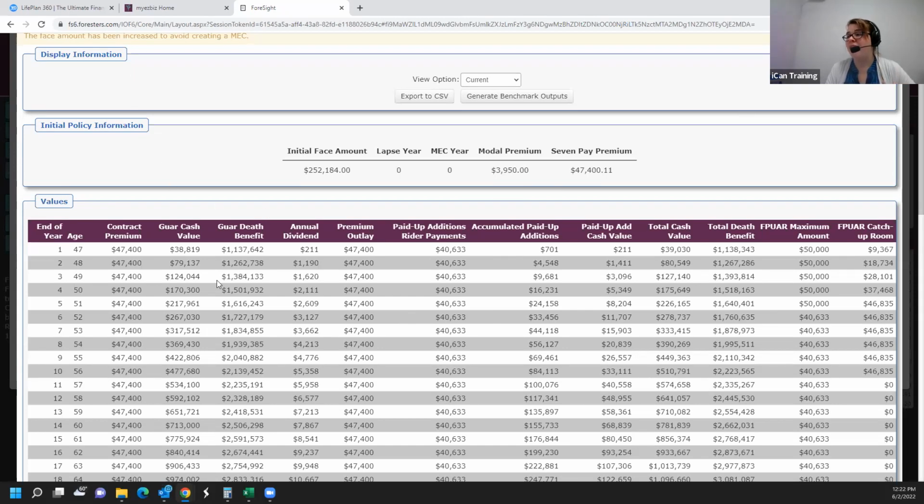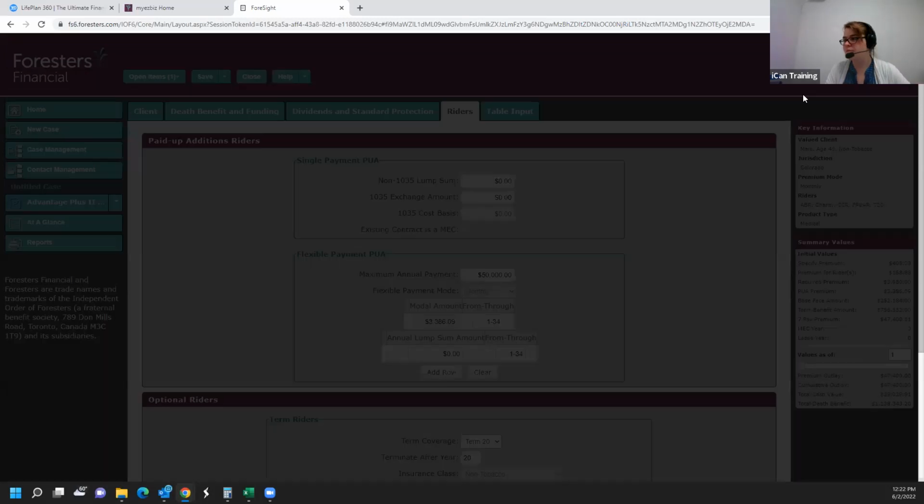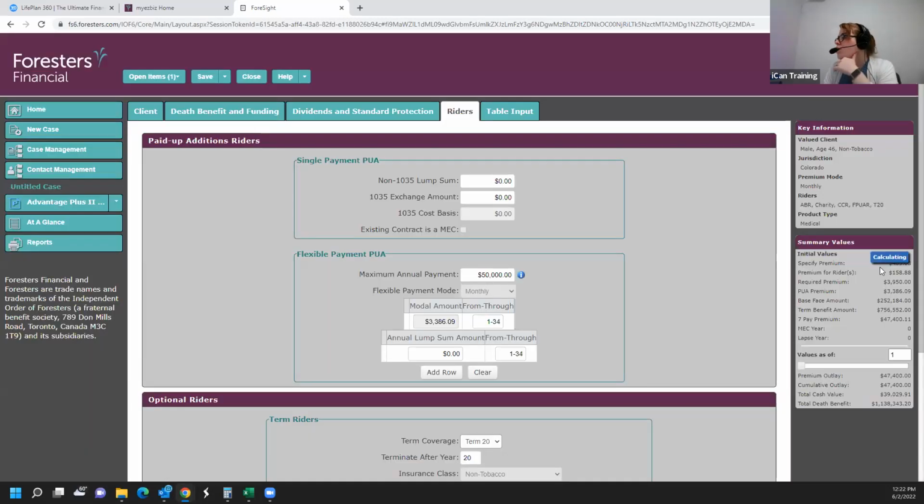So yes, that being said, let's see what happens if this client tries to put in more money per year. Let's say they got a raise. We have put in a monthly premium of, what did I say it was?